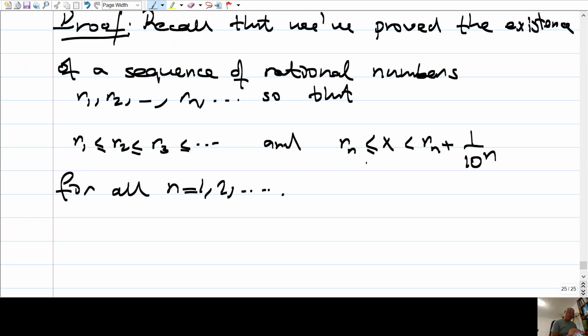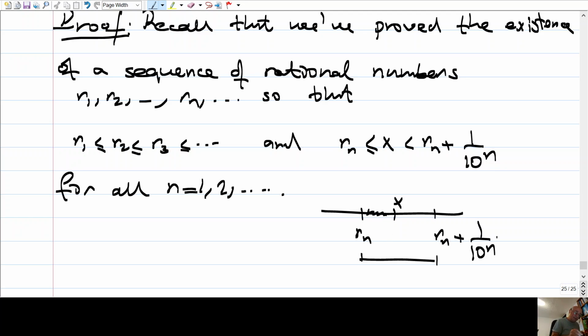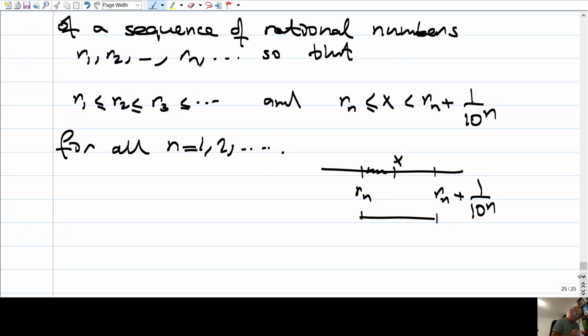So you see from this the difference. Okay, here is x, here is Rn, and here is Rn plus 1 over 10 to the power n. So you see that the distance between Rn and x is less than this distance, and this is less than 1 over 10.